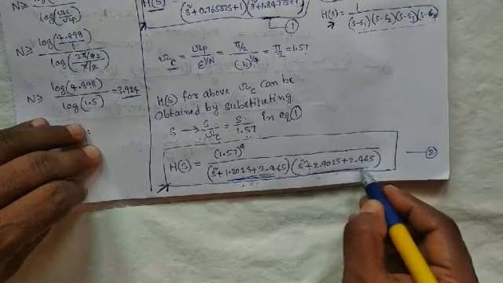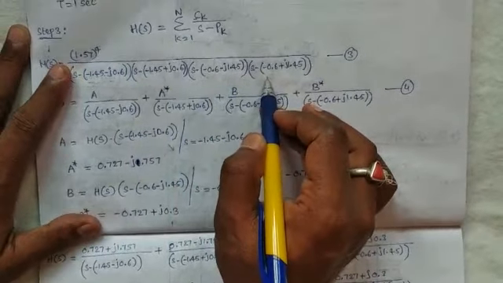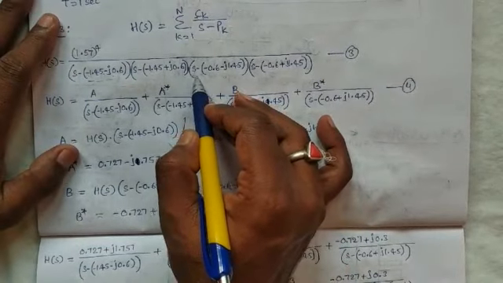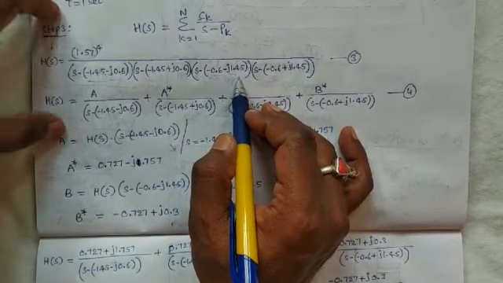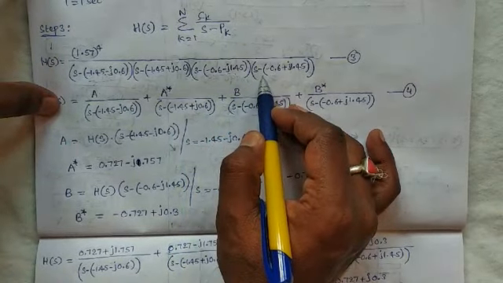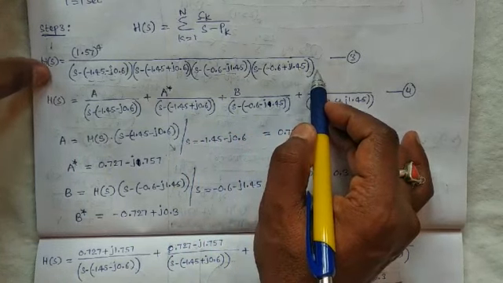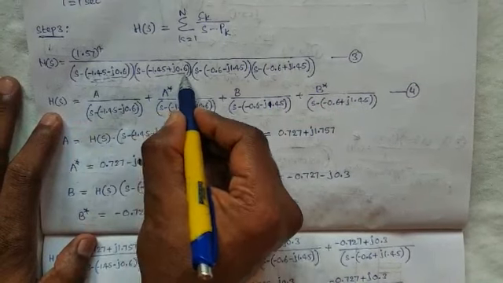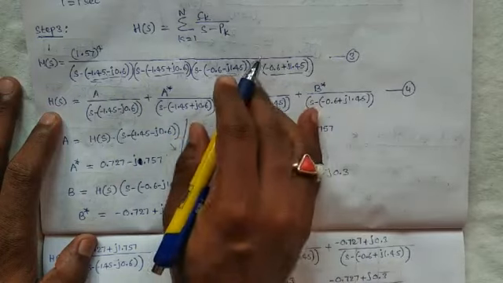Similarly, we obtain two more roots for the other quadratic: s minus (minus 0.6 minus j 1.45) into s minus (minus 0.6 plus j 1.45). Observe that these two roots are complex conjugates, and similarly these two are also complex conjugate roots.